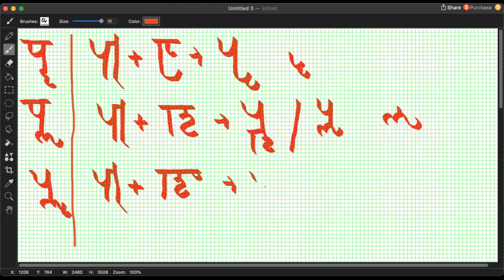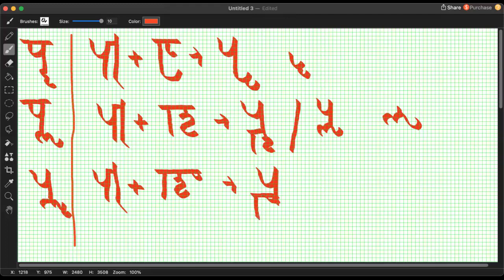Even for this, the rule is the same. You first write per, you can keep it like this.